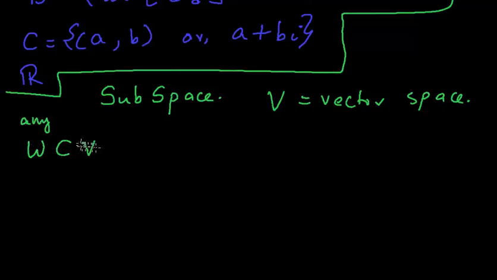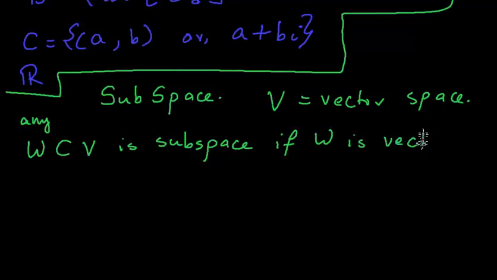Any W that's a subset of V is a subspace if it is a vector space in its own right.